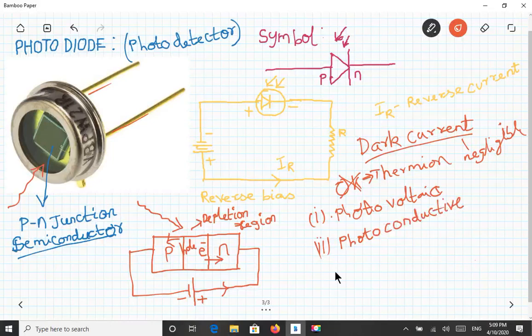So this photodiode itself works in three different modes: first photovoltaic, then photoconductive, and the avalanche diode.